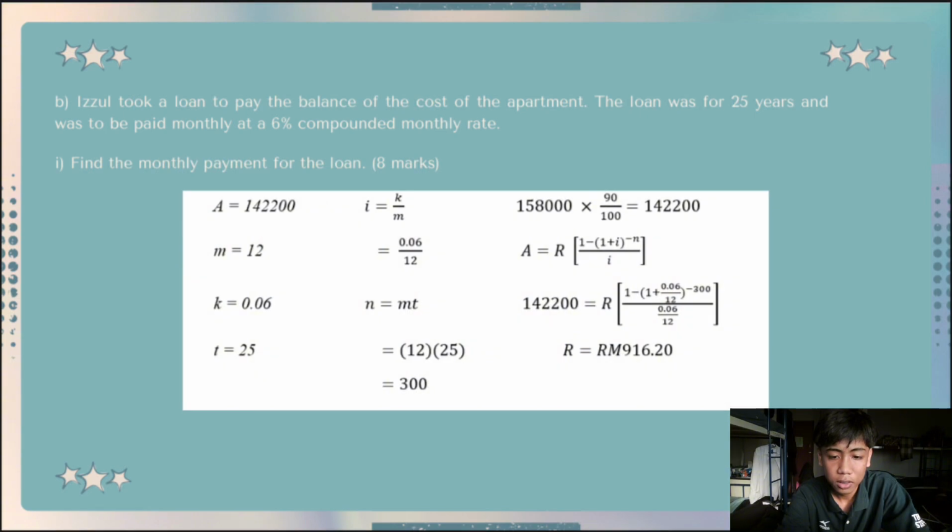The answer we get is 142,200. The next step is using the present value formula, which is A equal to R bracket 1 minus bracket 1 plus i bracket negative power n bracket per i. Enter the amounts into the formula and calculate to get R, the monthly payment. So the answer is RM960.20.